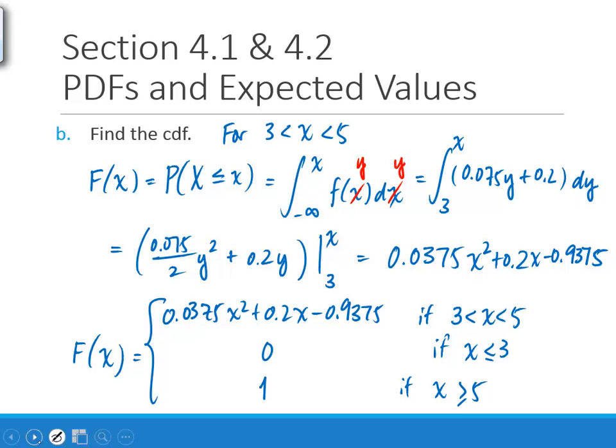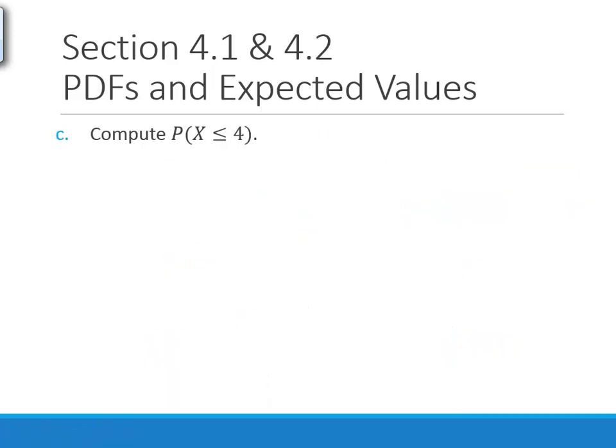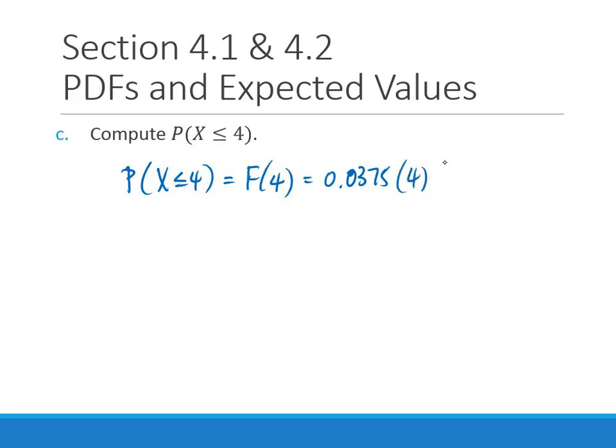Okay, so we can use this now to calculate probabilities again. The probability that x is less than or equal to 4 is just the CDF evaluated at 4, which is 0.0375 times 4 squared plus 0.2 times 4 minus 0.9375, equal to 0.4625.